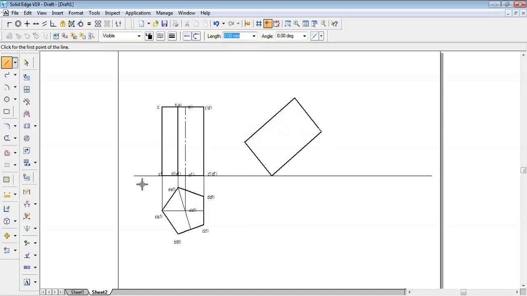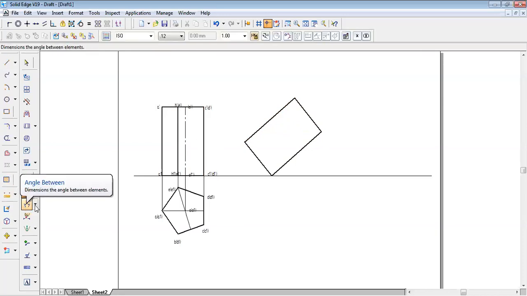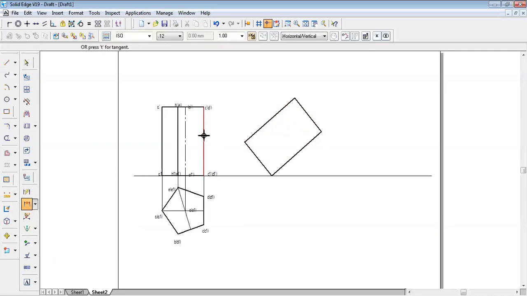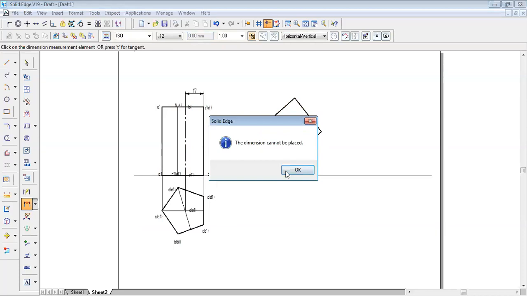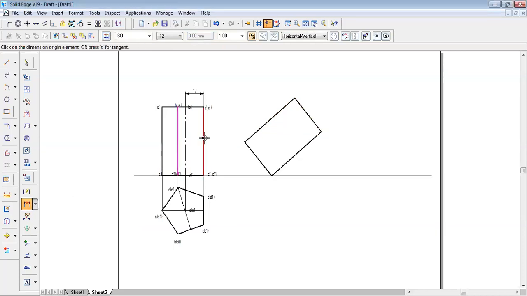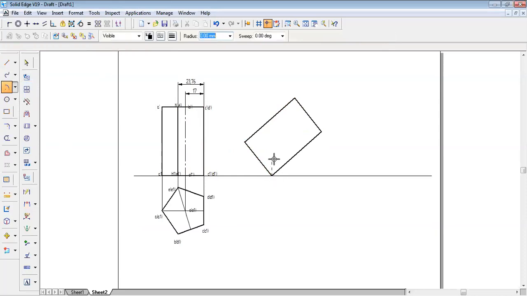Then afterwards, the distance between these two lines I have to draw first. Next it is 17, and the distance between these two lines is 23.75. So next you will mark one line up here, take the center point.